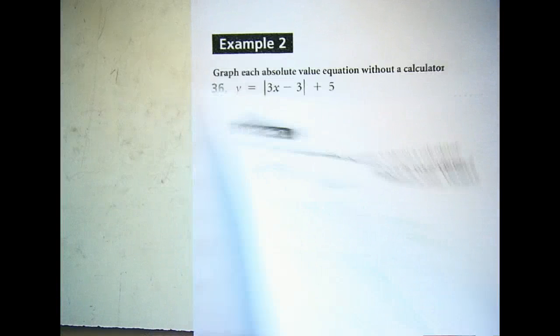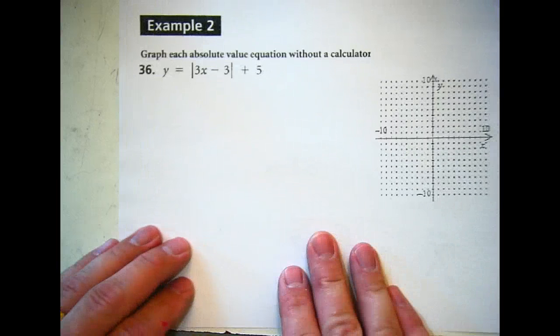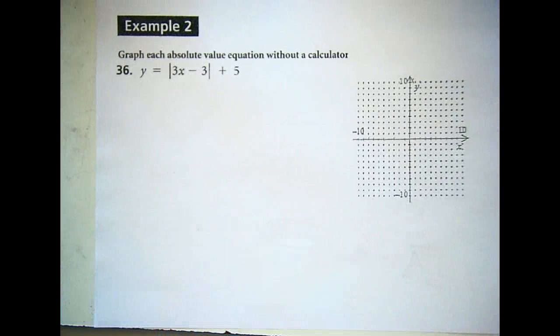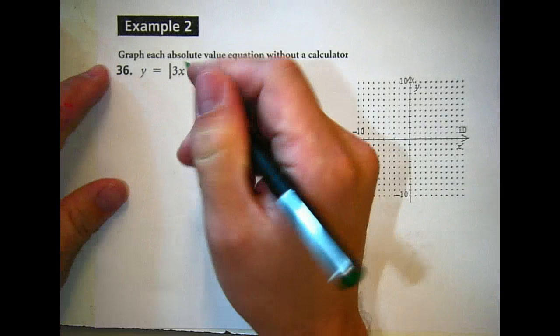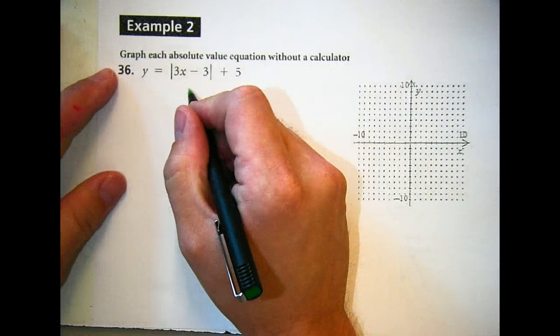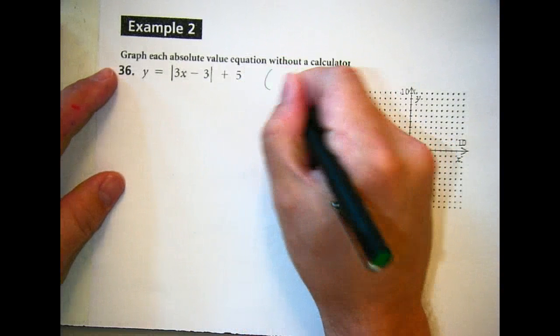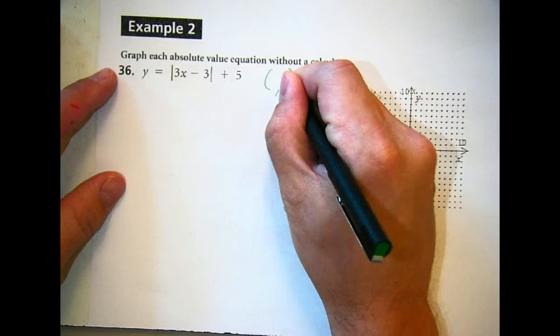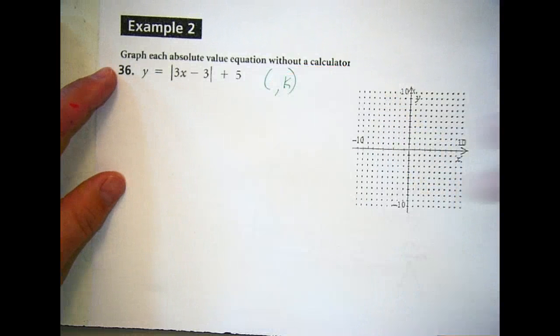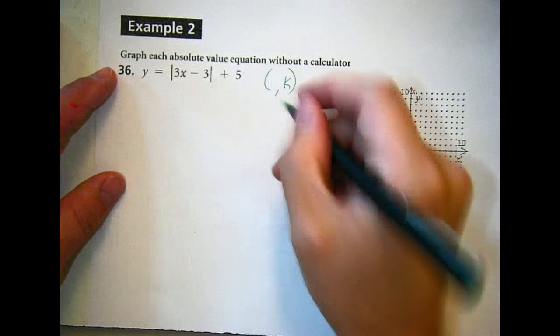Okay, last set, number 36. Oh, this is really fancy. See if you can do it. Do it in pencil, please. Okay, here we go. Let's start out. What is K? K is 5. How many agree K is 5? Yep, K is 5. K is the easy one.